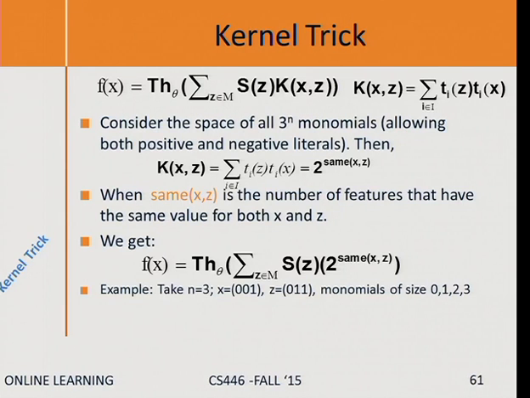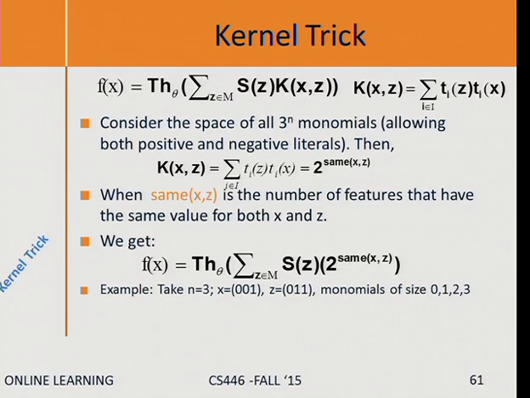Is x3 going to be on in the representation of x? Yes. x3 of x is going to be 1. x3 of z is also going to be 1. So they are going to contribute 1 to the dot product.